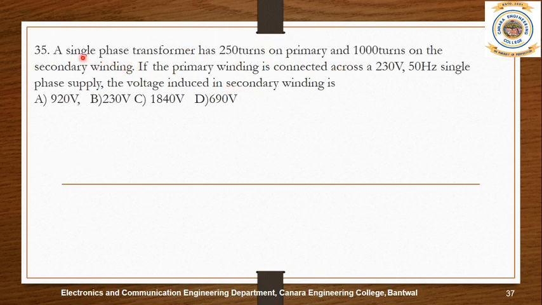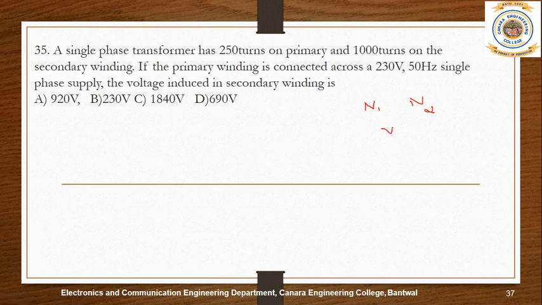Now, a single phase transformer has 250 turns on primary and 1000 turns on the secondary winding. So N1 and N2 are given. If the primary winding is connected across 230 volt 50 Hz single phase supply, the voltage induced in the secondary winding is? So V2 you need to find.